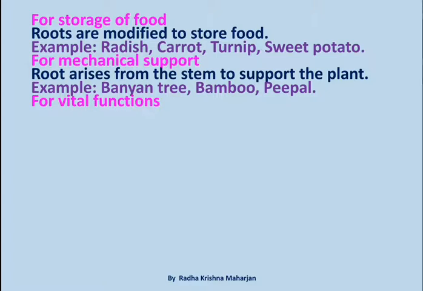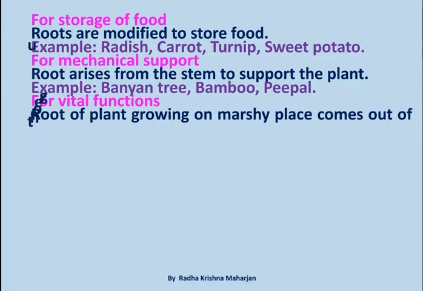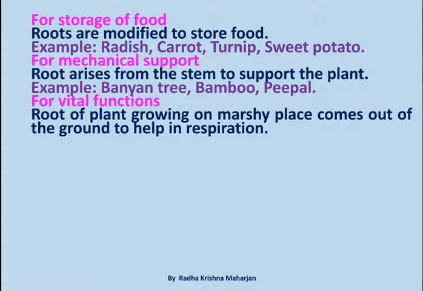For vital functions: root of plant growing on marshy place comes out of the ground to help in respiration. Example: hydrilla, water hyacinth.